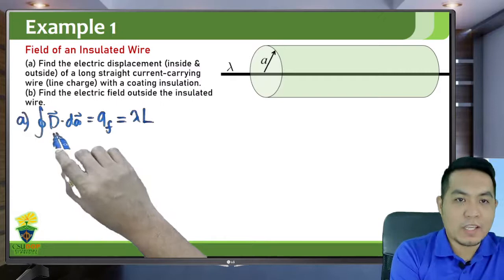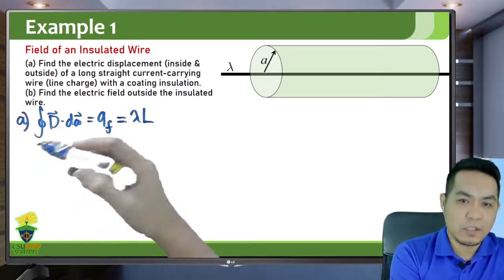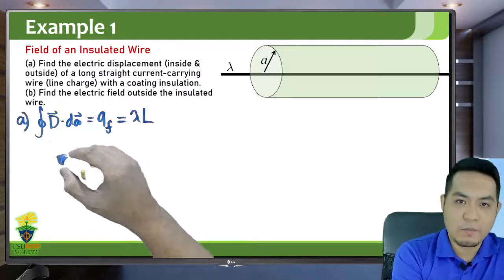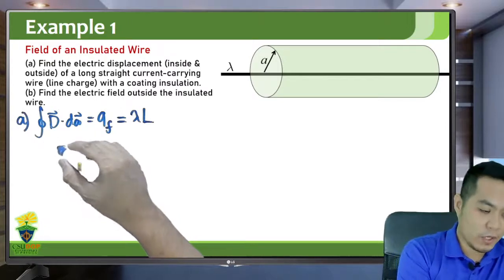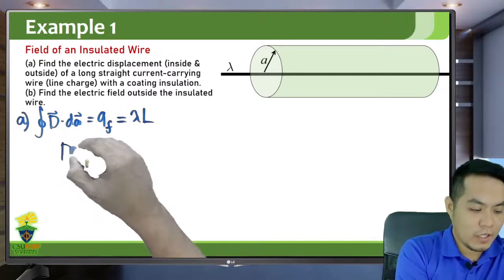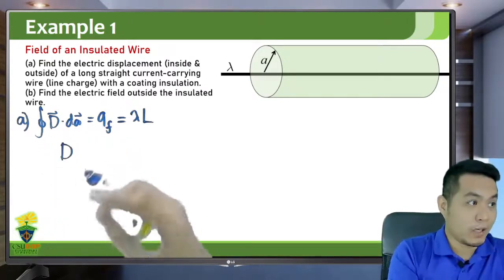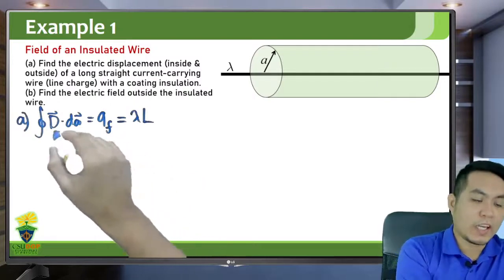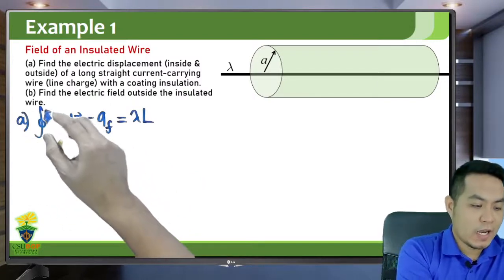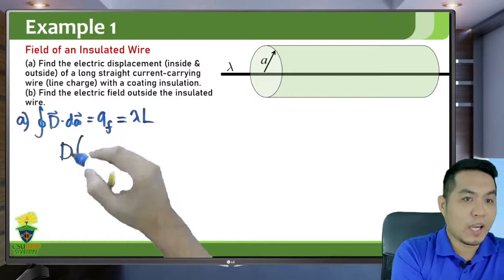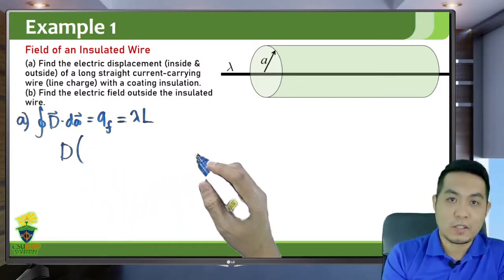In this case, the electric displacement will just be the same at all points at a given distance from the wire, so it's constant, and you can take it out of the integral. The integral of dA is just the total area of your Gaussian surface.